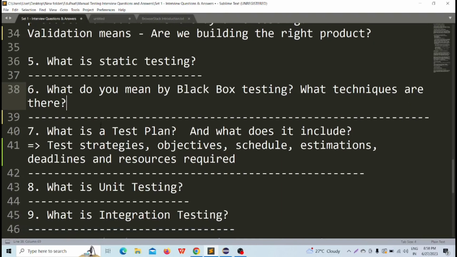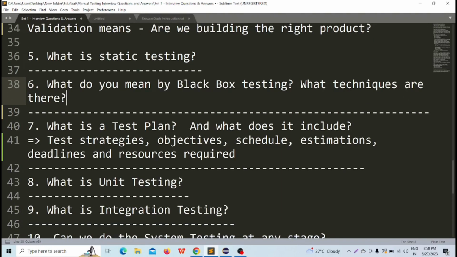Now question number 7: what is a test plan, and what does it include? First we have to know what a test plan is. A test plan is basically a detailed document.